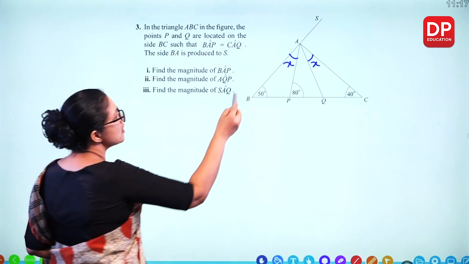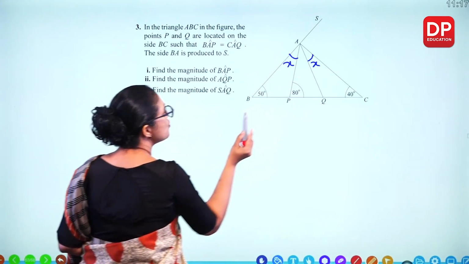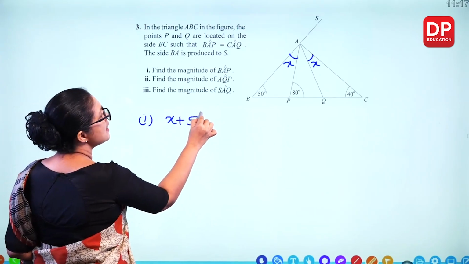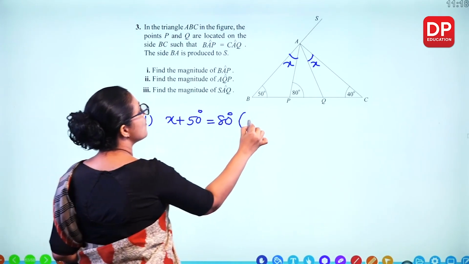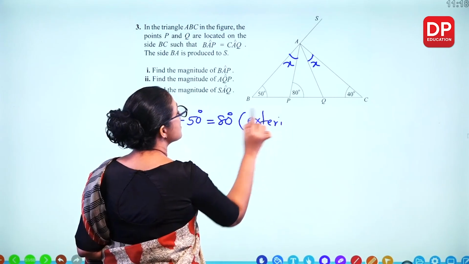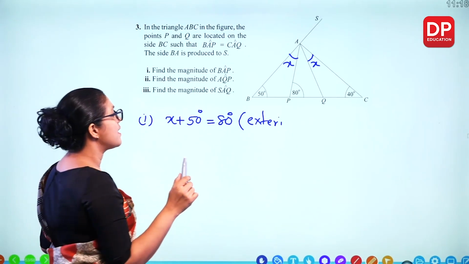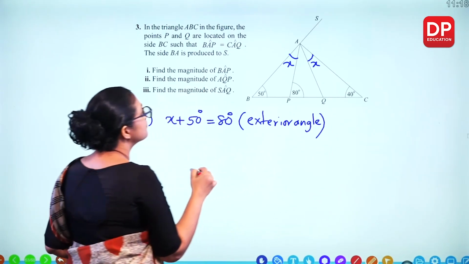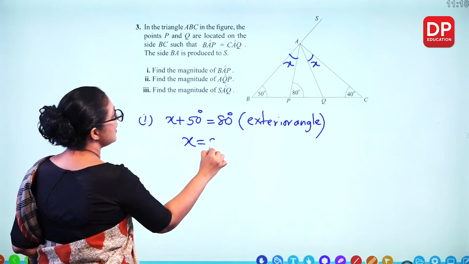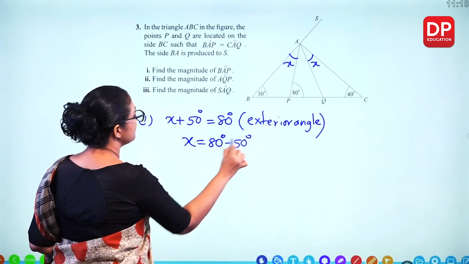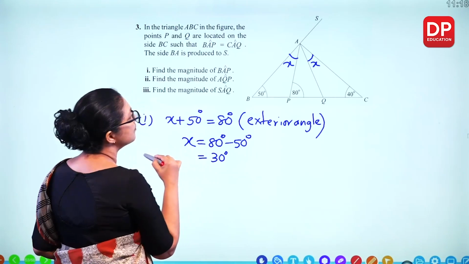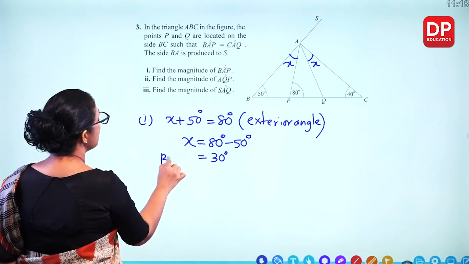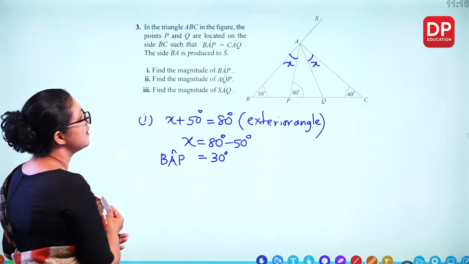Now what can you say about these two? That's equal to 80. So you can write x plus 50 is equal to 80, because the sum of opposite interior angles adds up to the exterior angle. So what's x? 80 minus 50, that's 30 degrees. If this is 30, that means BAP is 30.